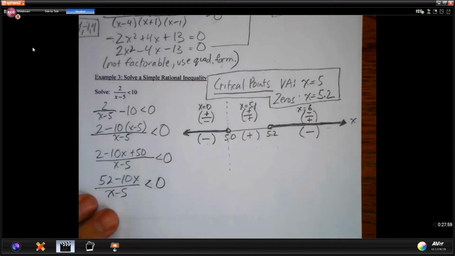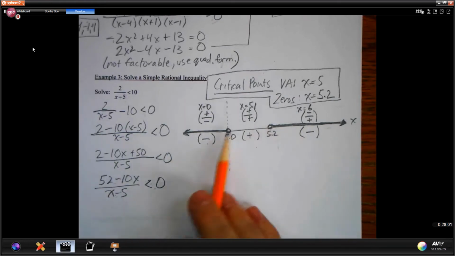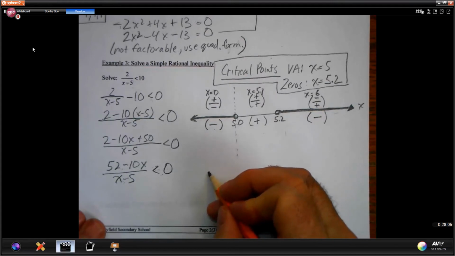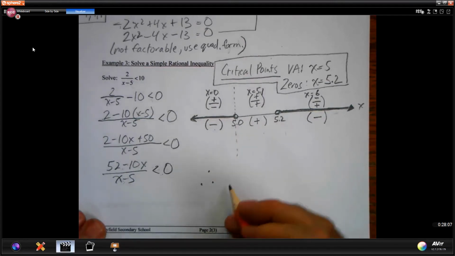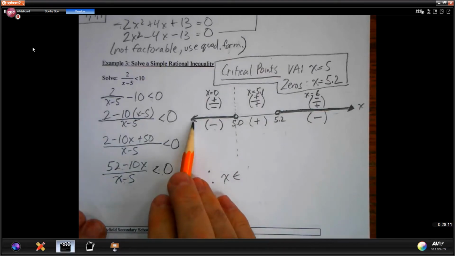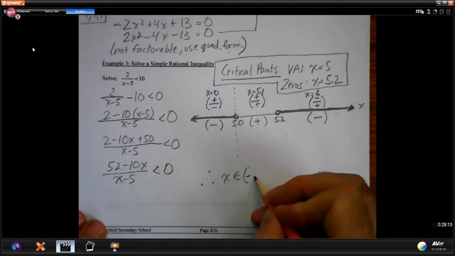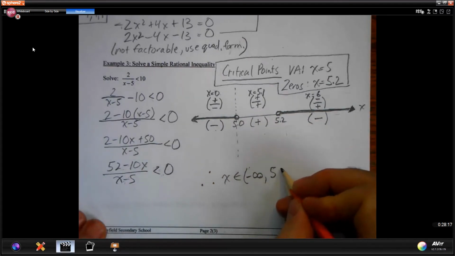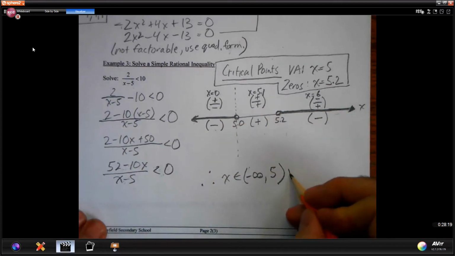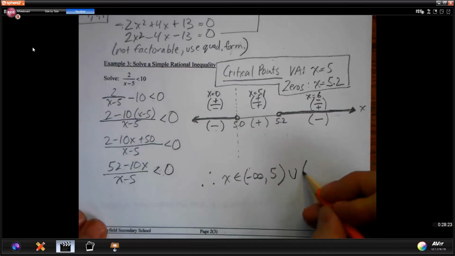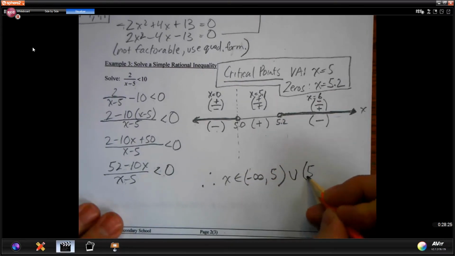So there's my solution using the number line, but I always like to use interval notation. So my conclusion is therefore x is an element of, so basically from negative infinity up to 5, but not including 5, and above 5.2, but not including 5.2, up to positive infinity.